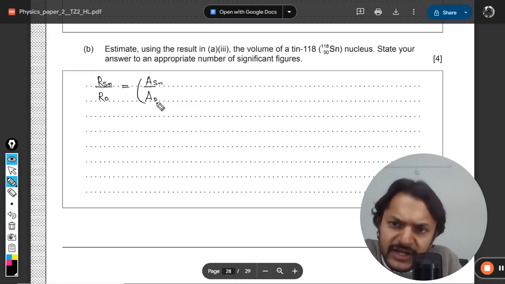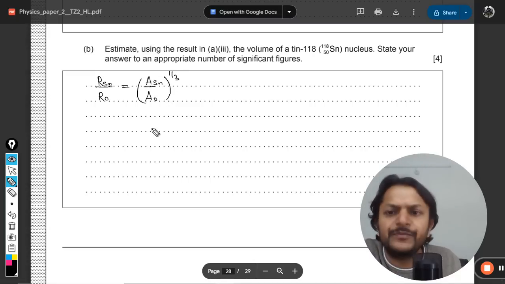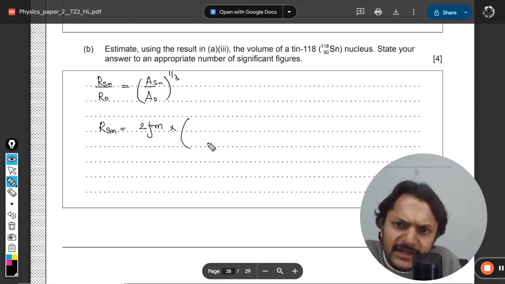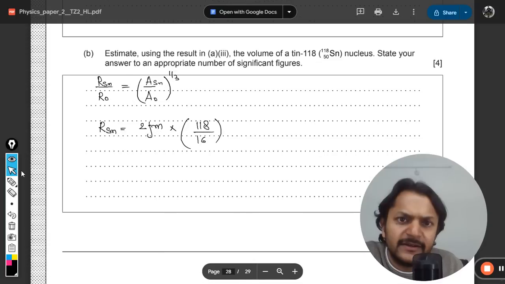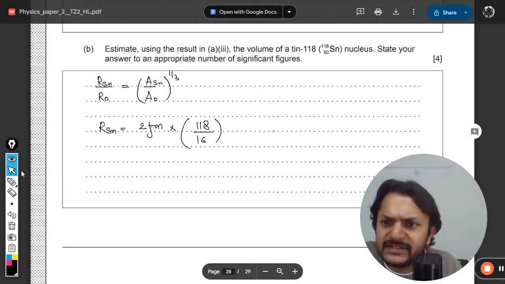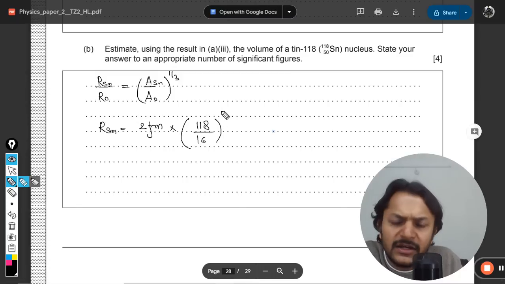This is mass number of tin, and then it is 1 by 3. Let us find this. So the radius of oxygen is 2 Fermi meter. Multiply by this. The mass number of tin is given as 118. Mass number of oxygen is given as 16. Isn't it? Yes. It's not the isotope or something. It is 16 only. And it will be 1 by 3. This will be our answer.